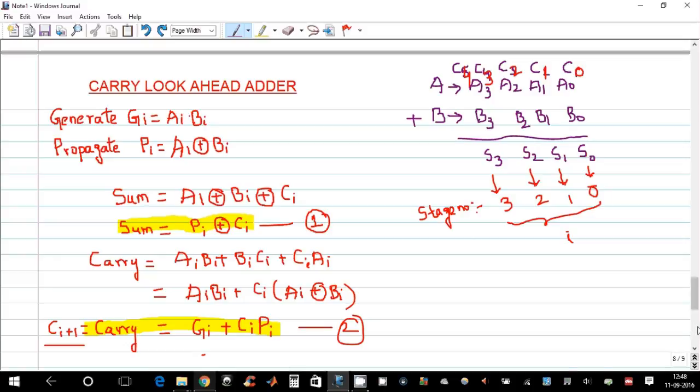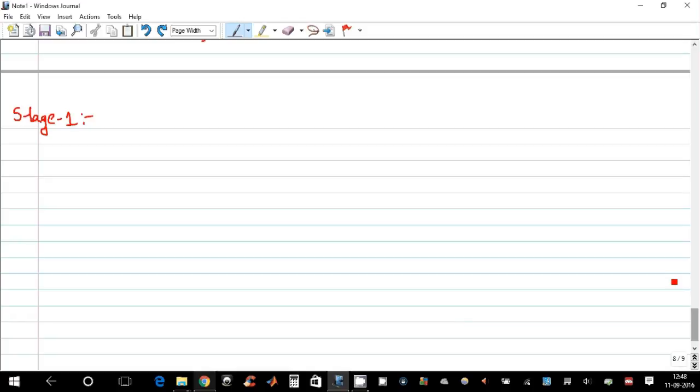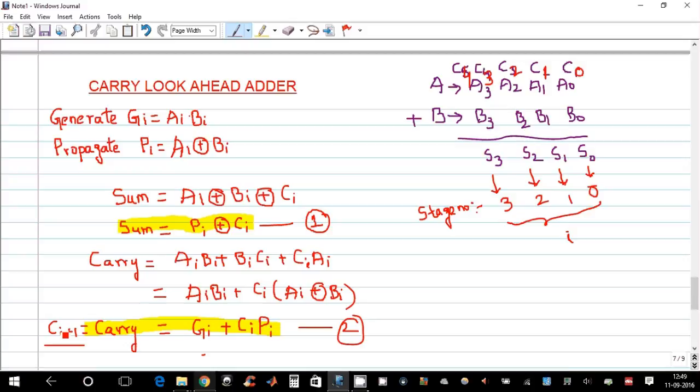So now let's continue our discussion. For our stage 0, the carry out C1, we can directly note the general expression here, so it will be very easy for us. That is, Ci plus 1 is equal to Gi plus Ci Pi.